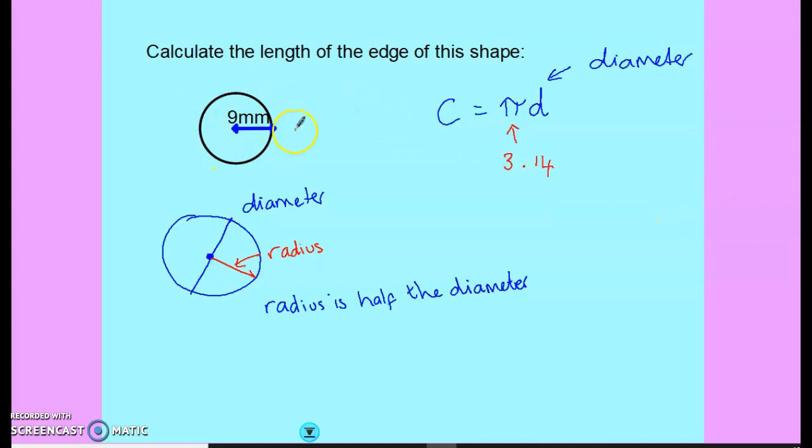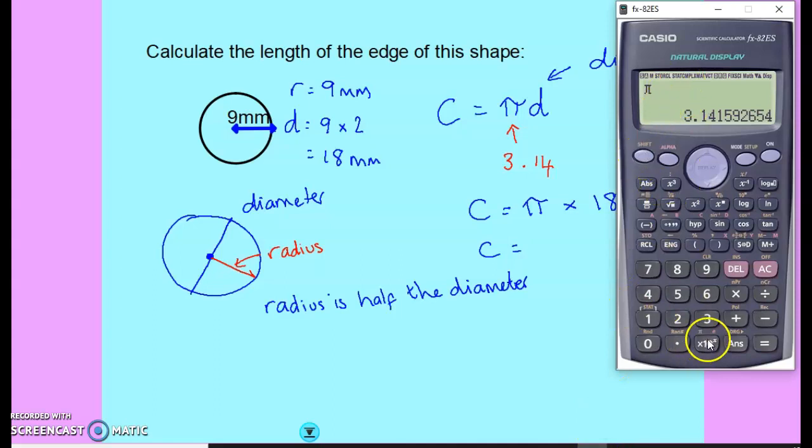Okay, so having a look at this example here. Here I've got a radius of 9 millimeters for my circle. To work out my circumference, I need to know the diameter. The diameter is twice the radius, so my diameter is 18 millimeters. So to find my circumference, I'm going to do pi times 18.